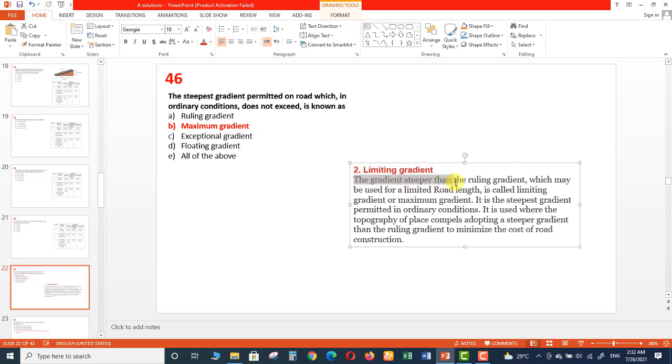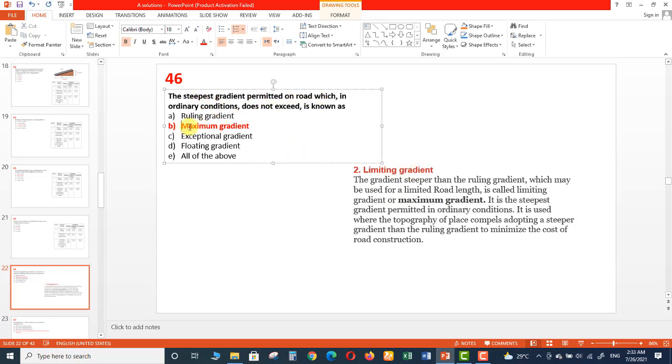The gradient steeper than the ruling gradient which may be used for a limited road length is called limiting gradient or maximum gradient, right? It is the steepest gradient permitted in ordinary conditions. So the steepest gradient permitted on roads is maximum gradient. So option B is the right answer.